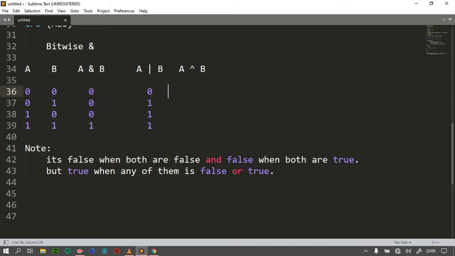So what does it mean? It means that these are both false, so it's going to be false. Now these are both true, so it's going to be false. Guys, I'm talking about bitwise operators. Now when it comes to A and B, it's B that is true, so it's going to be true.